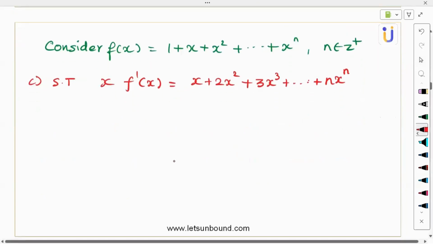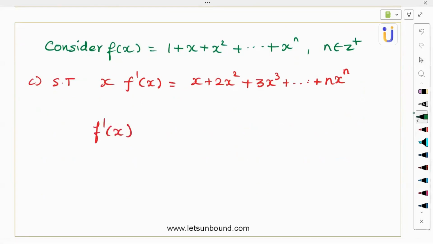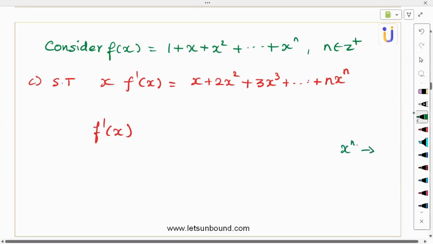Okay. First, let me find f dash of x. F of x is given to us. This is a very basic x power n rule. If your function is x power n, its derivative is n into x power n minus 1. And it's very simple for a polynomial function.